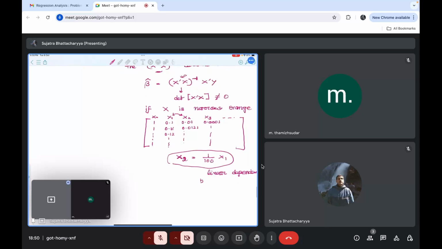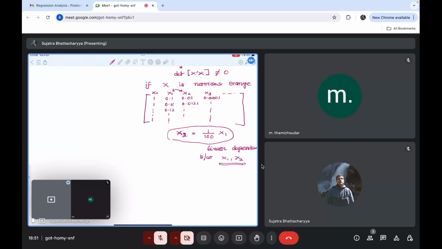There is a linear dependence between x1 and x2. I'm not writing regressor variable because this is only a single regressor variable, but we are writing it in terms of multiple linear regression. Just remember, linear dependence between x1 and x2. If this occurs, we have seen that the determinant of x prime x will tend to 0, and thus the singularity problem arises.